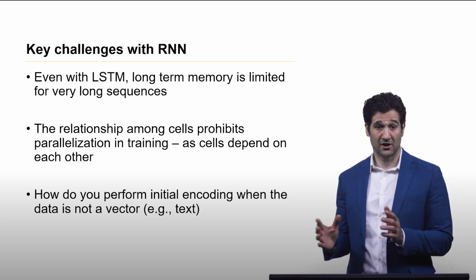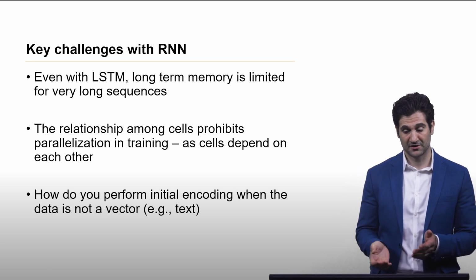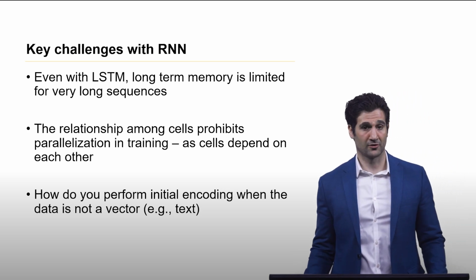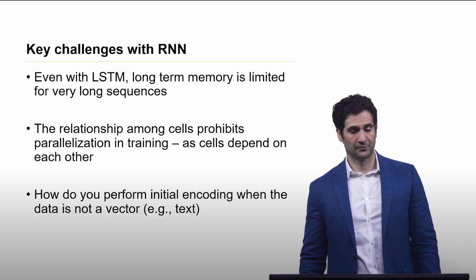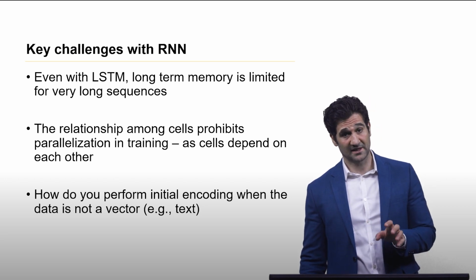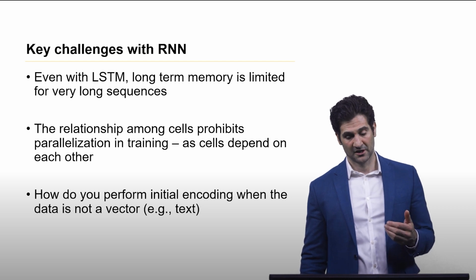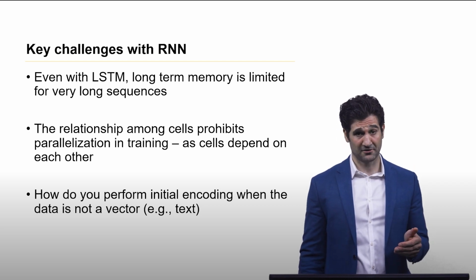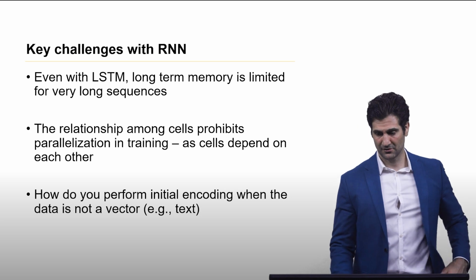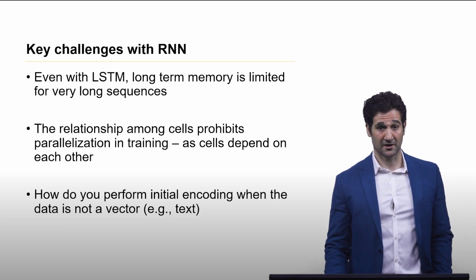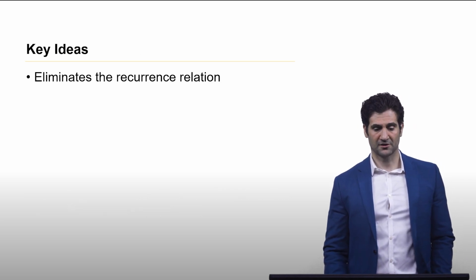So the cells are dependent on each other. And we also had this question about how to perform the initial embeddings. While that's not the primary challenge addressed by the transformer architecture, the embeddings are different compared to the standard RNN setup.